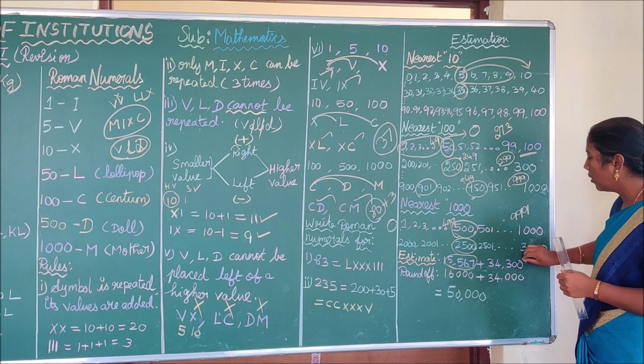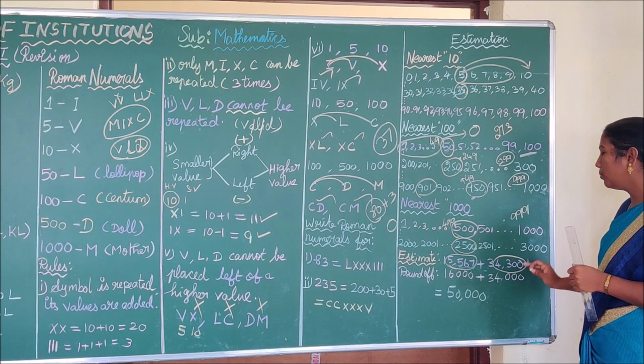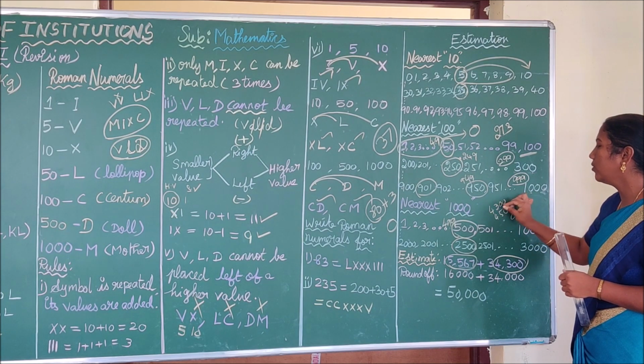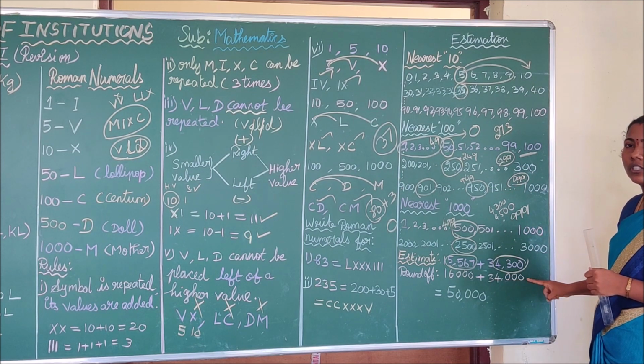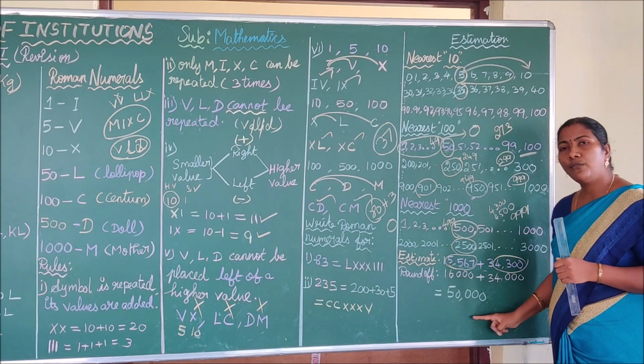Consider the 4 digits, 4300. So it lies between 4000 and 5000. This number 4300 is before the middle, 4500, so it should be rounded down to 4000. So your answer is 34,000. Thus we have rounded the given values, and then you have to add the two values, and you get 50,000.